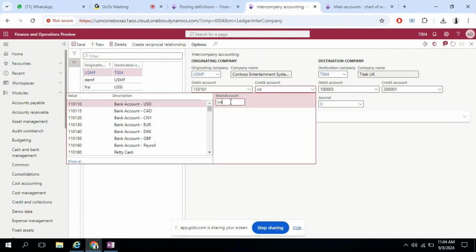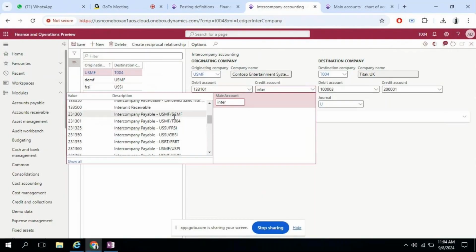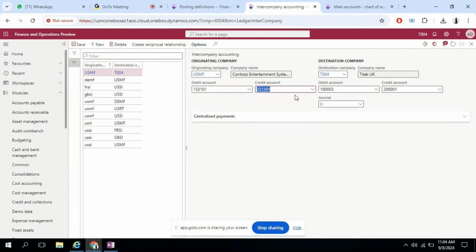So one more, intercompany payable USMF2 T004. I hope these four main accounts are now easy for you to understand. What actually I am going to do, I am taking $10,000 from USMF to T004 in the UK entity, so that I can start my business. Okay, so I will save it.